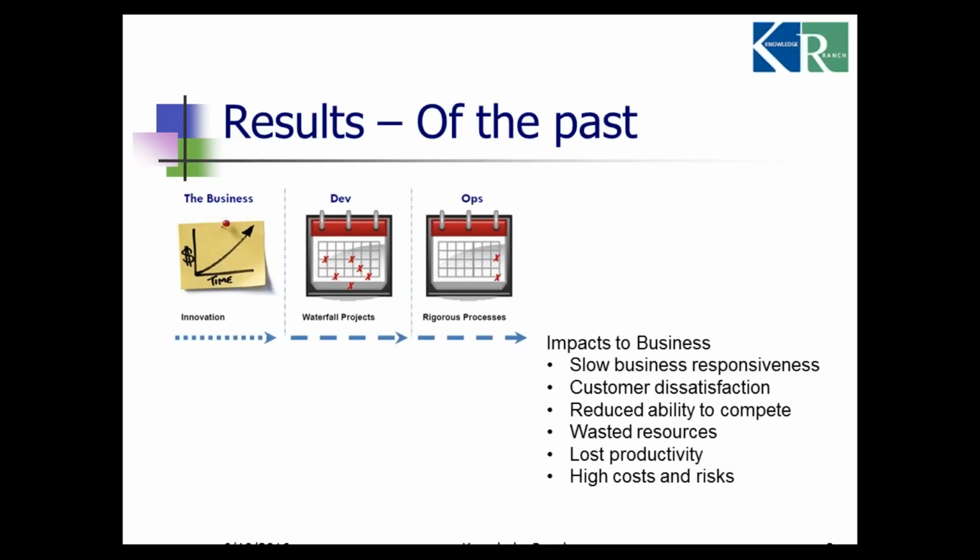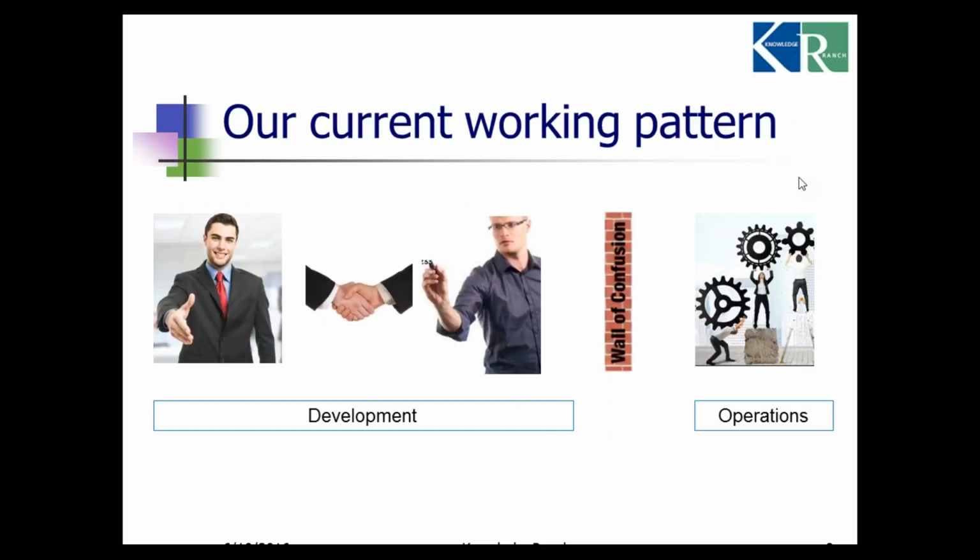So the impact on business is that IT is a very slow responder. They're not agile. They are pretty static. A lot of hours go wasted in terms of resources, which are underutilized, and all those things result in cost and risk.